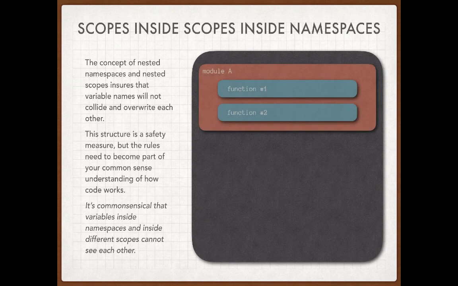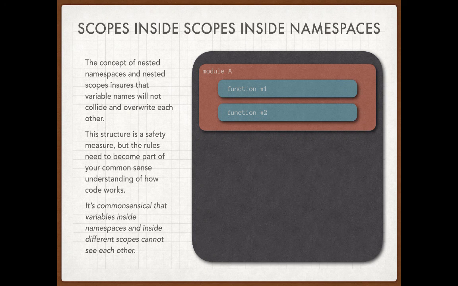So I import module A. Now module A happens to have some functions inside of it, like function number 1 and function number 2. All of those variables, and in fact the function names inside module A, are scoped to module A. And if in the black part of my script I want to tell Python to call function 1, I have to tell Python that it resides within module A. If I don't tell Python that function 1 exists in module A, it will say, hey, I can't find it.